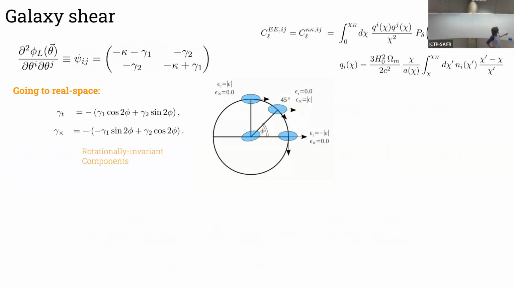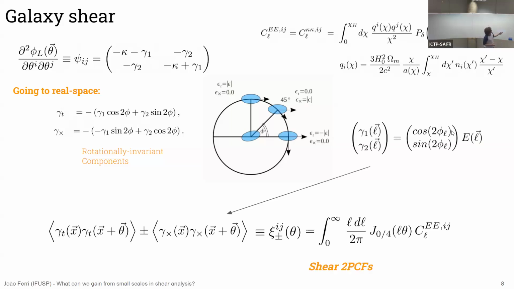This is basically a transformation with respect to gamma 1 and gamma 2. Using the fact that in harmonic space, gamma 1 and gamma 2 are just projections of the E mode, you make this very clever combination of gamma t and gamma cross, you transform to real space, and then you have these two correlation functions that I call psi plus and psi minus.